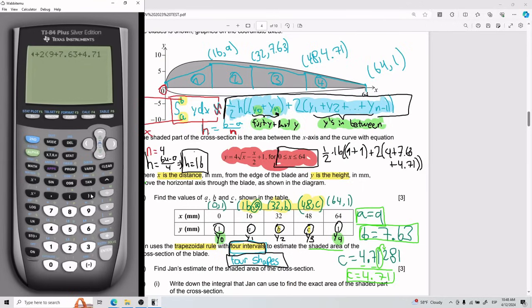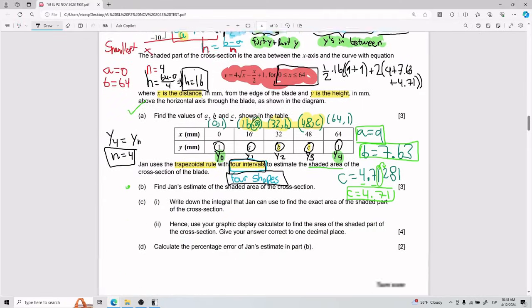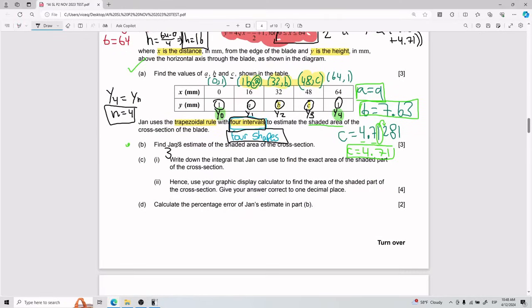That is a much more intuitive way to understand the formula, which at the end of the day is what we want to do. We end up with an area of 357.44. With significant figures, you would leave it as 357 millimeters squared because we're talking about area. And now we finished part B.